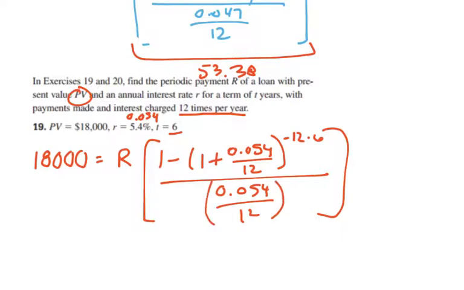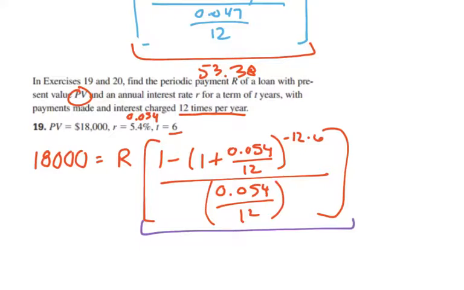So notice that we are solving for R, so once we get the value of this piece here, we'll just divide it to both sides. So the innermost parentheses here means that we'll do 1 plus 0.054 over 12. That value is going to be raised to the negative 12 times 6. 1 minus that value.